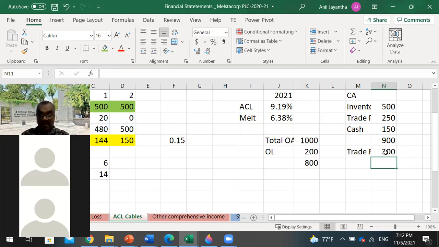Meaning, you maintain a working capital base amounting to 900 only by investing 600. Therefore, your return is on 600 and not on 900. The same story is here. By investing 800, you are gaining benefits generated from an operating capacity amounting to 1000. So that's the idea.